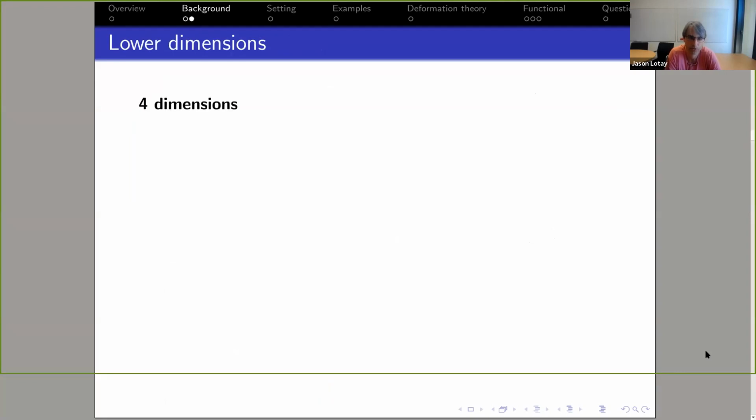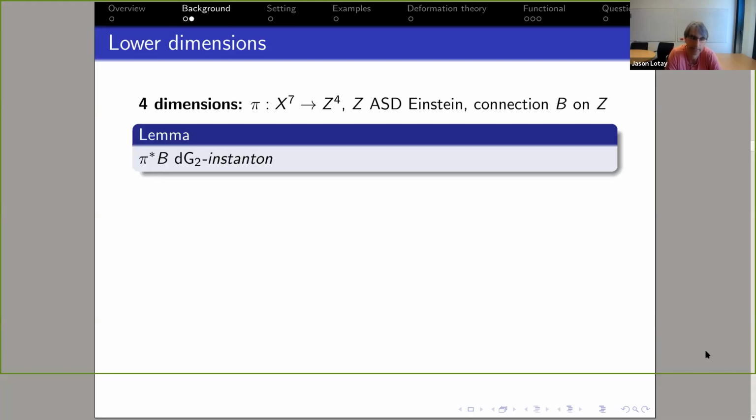So one thing you could do is reduce to 4 dimensions and suppose that your 7-manifold fibers over an ASD Einstein 4-dimensional space Z. You could take some U1 connection on Z, and then ask, when is its pullback a dg2 instanton? If you set things up with the standard G2 structure on X coming from various structures on Z, then you find that this is if and only if your connection is an ASD instanton on Z.